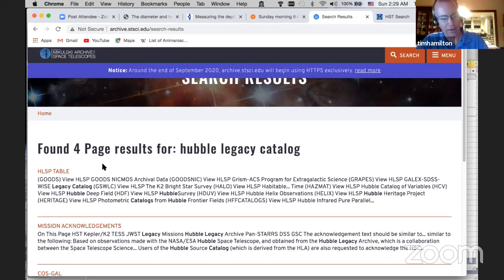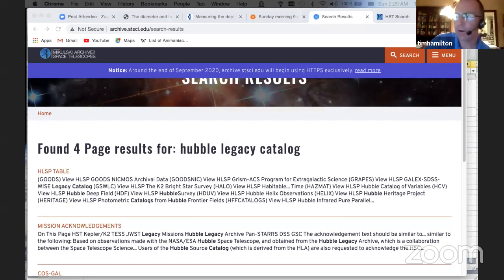I'll have to find it. I can talk about that for the next time, I think. But anyway, that is another thing that is in the MAST archive there, and I would encourage you to try it there. So it's the something catalog. But anyway, what they've done is to imitate the Sloan Digital Sky Survey, where you have coordinates and you've got magnitudes. The only thing is that the Hubble observes in different filters from one observation to another, unlike the Sloan.